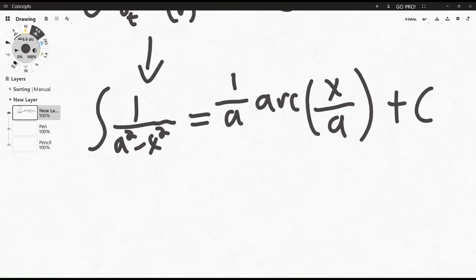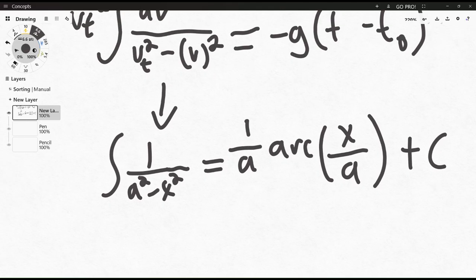This one was one of the things that I struggled with the most at the time that I was going to take this integral, and it was kind of fun to get into it and figure out why it was like that. It was really good for me to practice this.